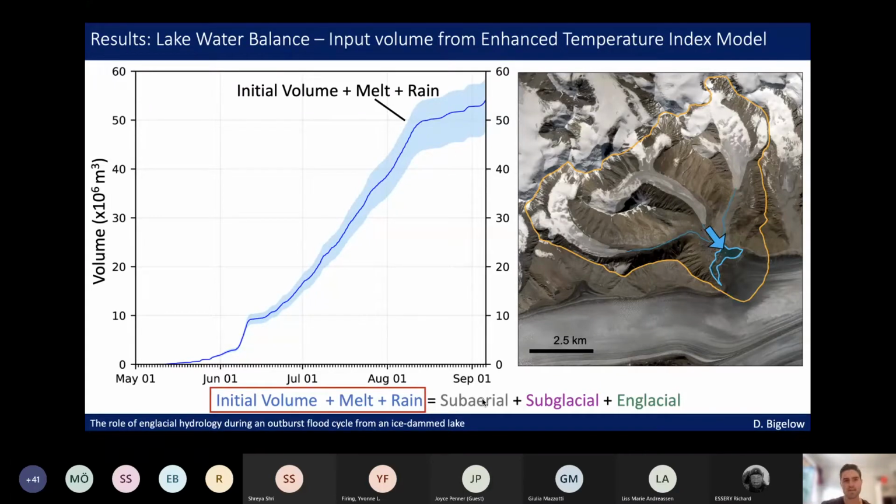So yeah, we can see that the amount of water that is input into the lake early in the season is increasing up to a peak volume of approximately 50 million cubic meters in the middle of August. And we can get these error bounds that are shown on the graph based on a Monte Carlo simulation by varying the parameters that feed the model by a reasonable range of values.